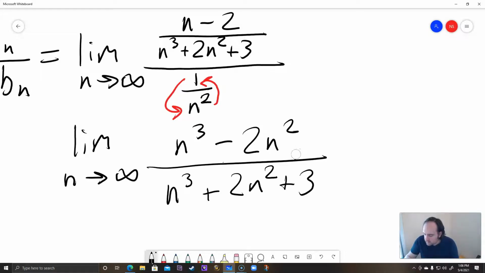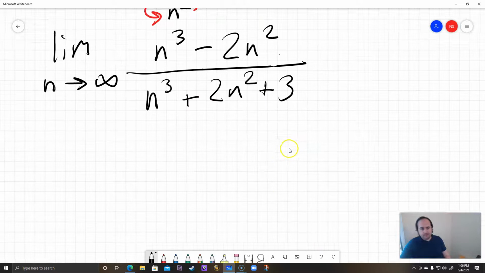Alright, and if you remember how to evaluate an infinite limit, the basic idea is if you're evaluating an infinite limit and you have a rational expression, in other words, a fraction like this, basically you divide the top and the bottom by the largest power in the denominator.